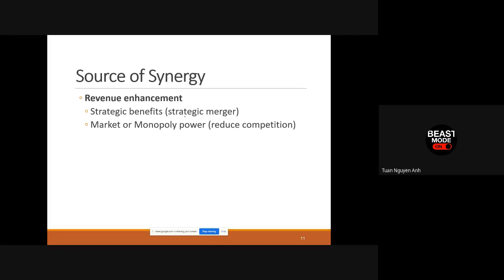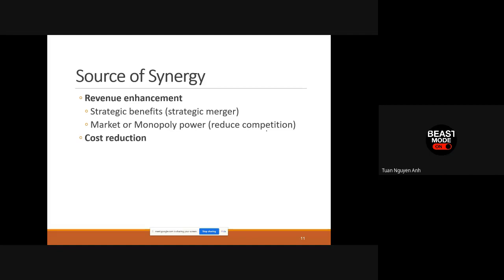So maybe that is the strategic merger. Or something about the market or monopoly power. This is the same thing: you reduce the competition. Previously we were competitors, but after the merger we are one company. So we do not need to incur some cost to compete between us.